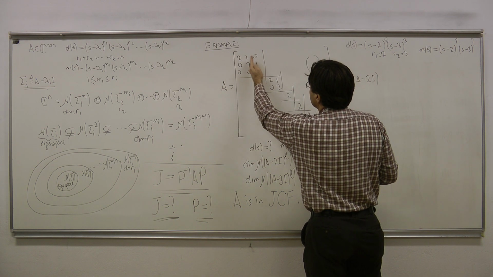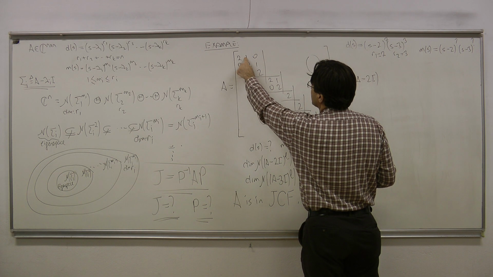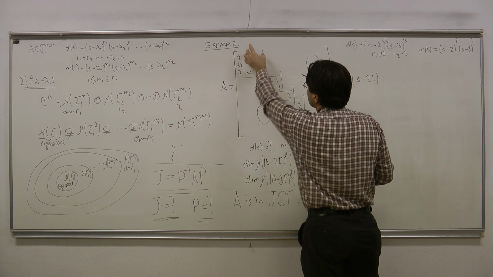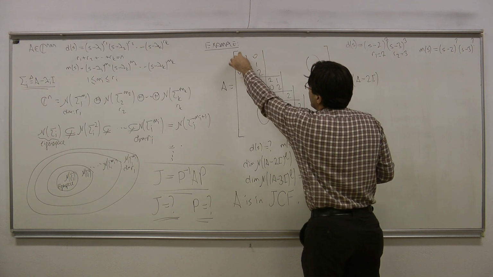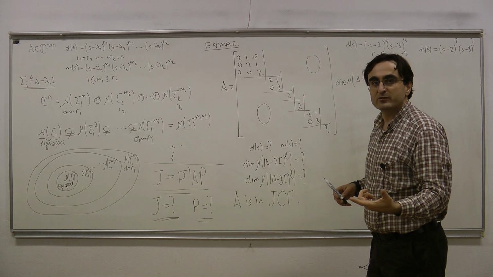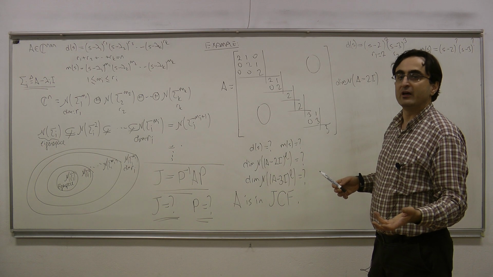And these 2 columns would still be linearly independent because of these 1, 0, zeros, and 0, 1, zeros. So these 2 columns will not contribute to the null space at all, but there is a 0 column here which is going to contribute to the null space. An additional 0 column would always contribute to the null space.